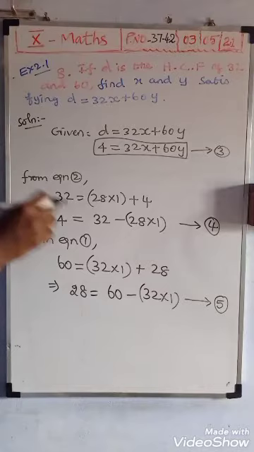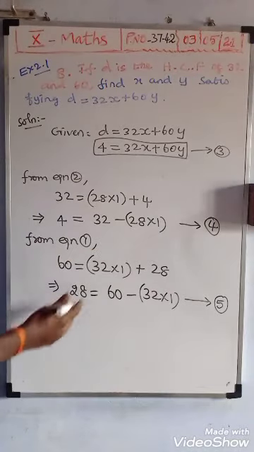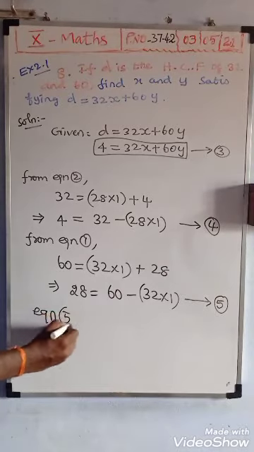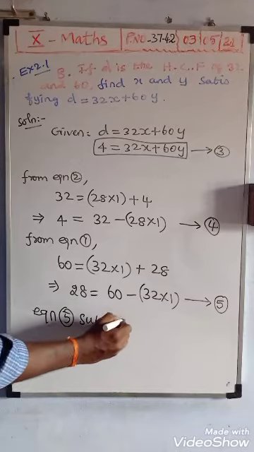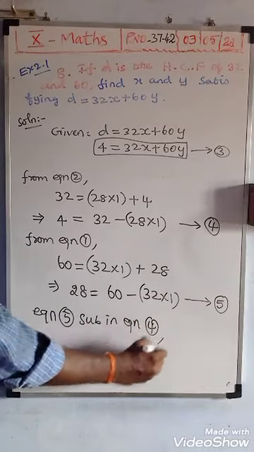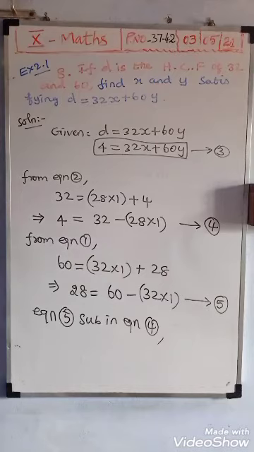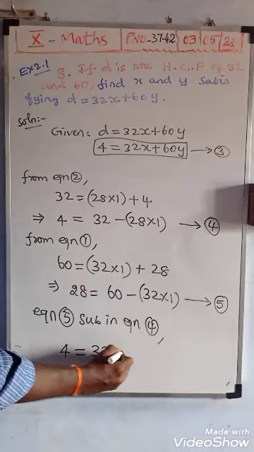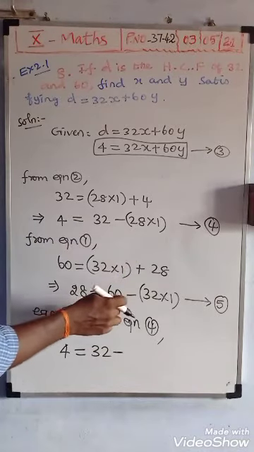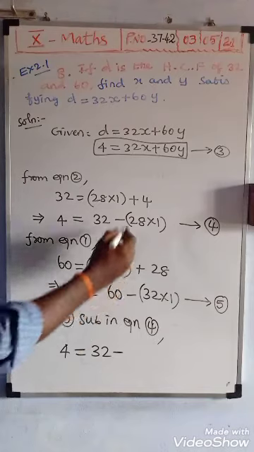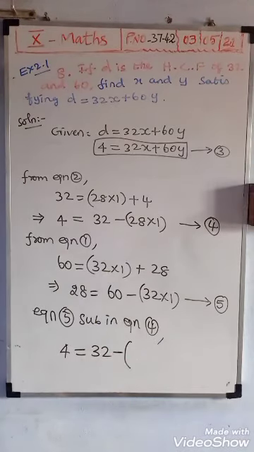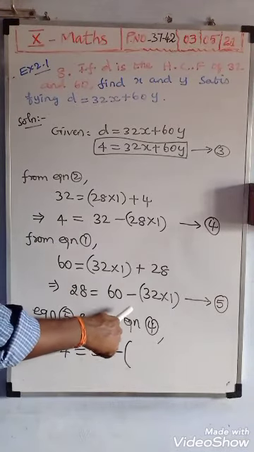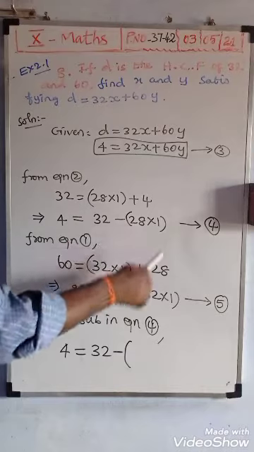Now equation 5 you should substitute in equation 4. Equation 4 is 4 is equal to 32 minus, instead of 28 you should substitute this value.